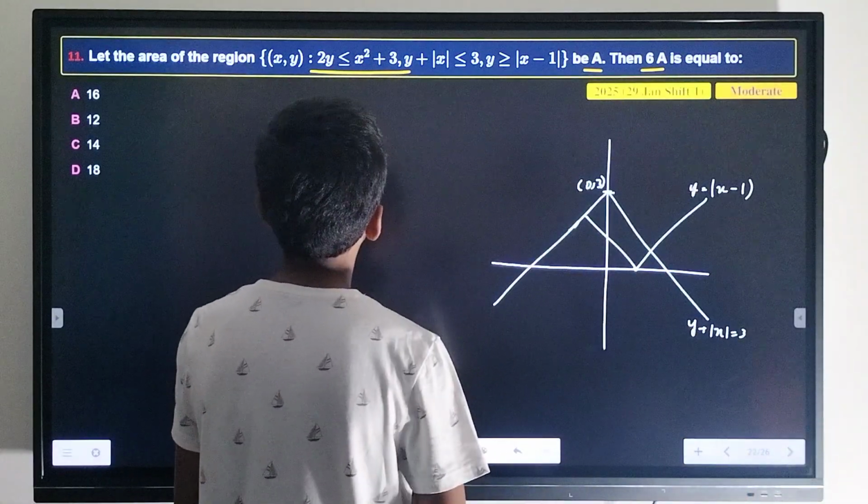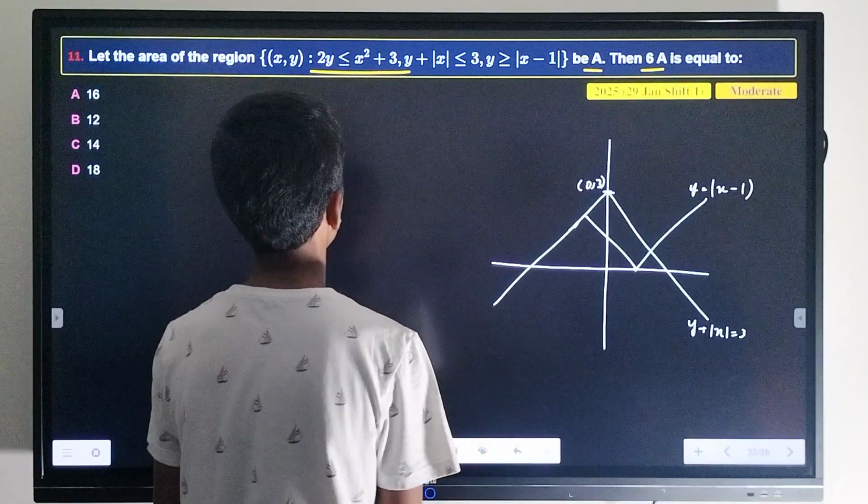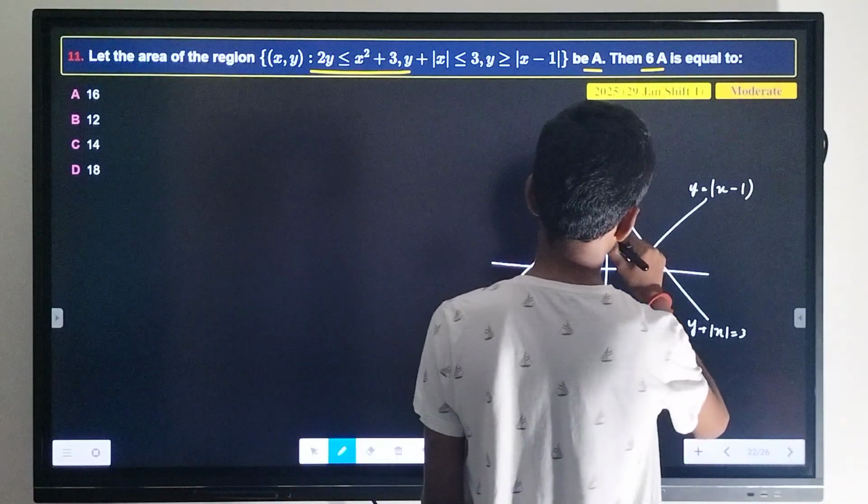and the other equation 2y less than or equal to x square plus 3, this will be of this type.